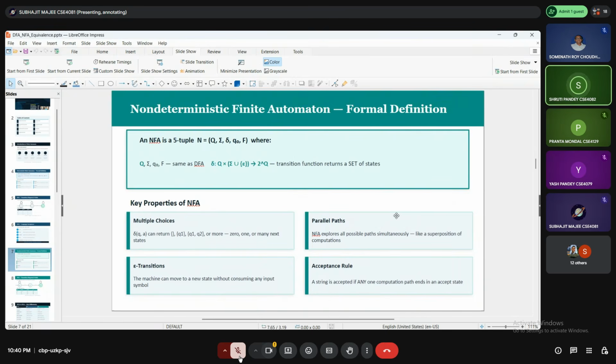Parallel paths: an NFA explores all possible paths simultaneously, like a superposition of computations. Epsilon transitions: the machine can move to a new state without consuming any input symbol. Acceptance rule: a string is accepted if any one computation path ends in an accept state. Next slide.